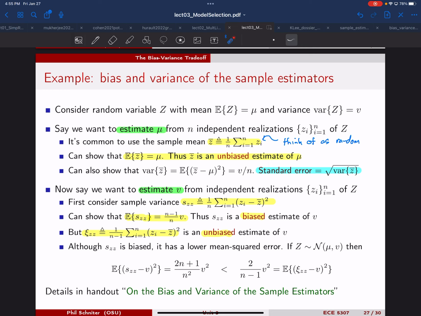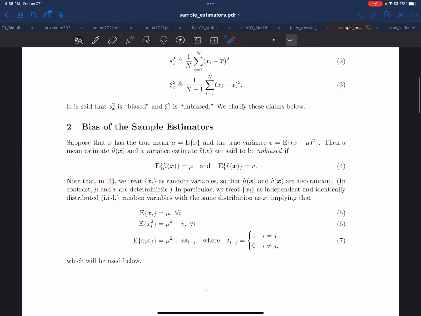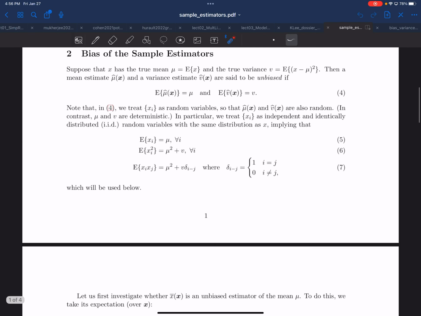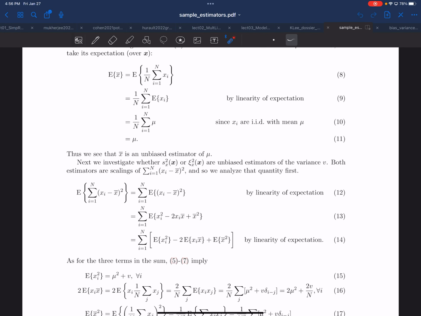Okay, and yes, the details are in this handout. This one I think is more important in the sense that it's a lot simpler than the other derivation. It's pretty straightforward, and it uses a lot of tricks that show up on homeworks and exams.